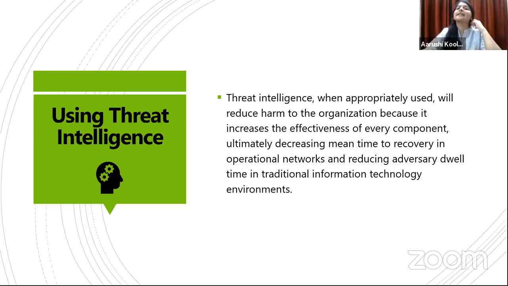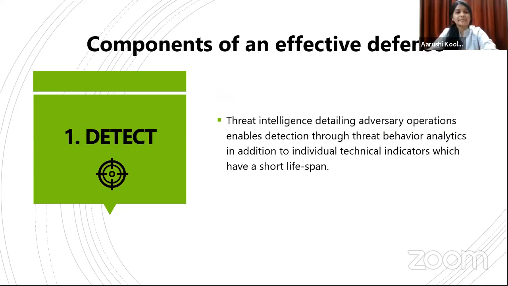And in operational networks, it reduces the adversary dwell time, the dwell time of the attackers, as in traditional information technology environments. So, components of an effective defense. Threat intelligence detailing adversary operations enables detection through threat behavior analytics, in addition to individual technical indicators which have a short lifespan.